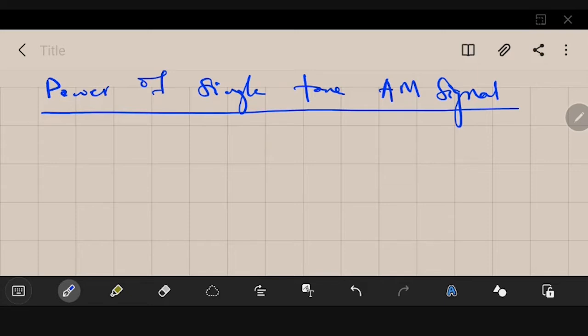Okay. So for that, let us consider that there is a carrier signal Ac cos omega c t, and it is amplitude modulated by a single tone modulating signal Vm of t = Am cos omega m t. So let me write it here.